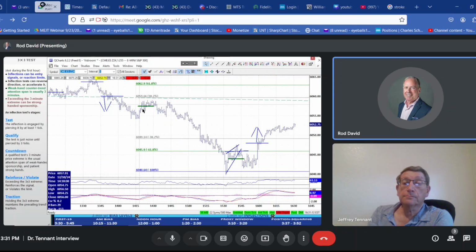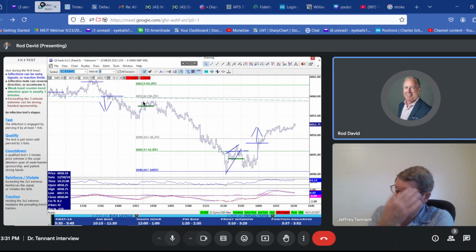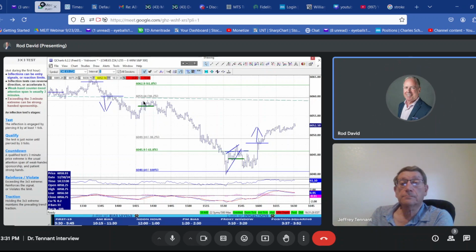We count down the first, as soon as there's a 3-tick probe. And again, I'm providing these lines. No work on your part. So we count down the 3 minutes of a minimum 3-tick probe, 1 or 2 point buffer, room for noise. And we know anything higher is violating the bounce limit.